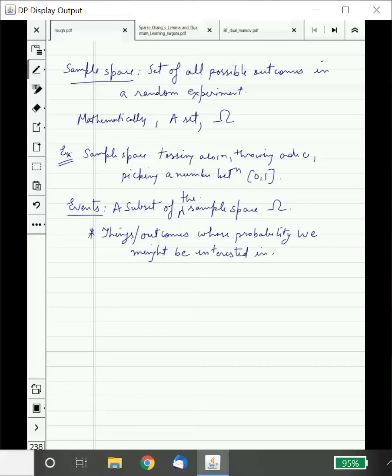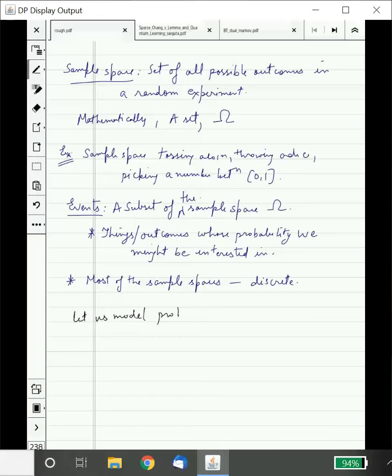A thing to note here, most of the sample spaces in this course are going to be discrete because this is a course for computer science and mostly we encounter discrete sample spaces. And for this case, the probability can be modeled easily. So let us model probability for this case.